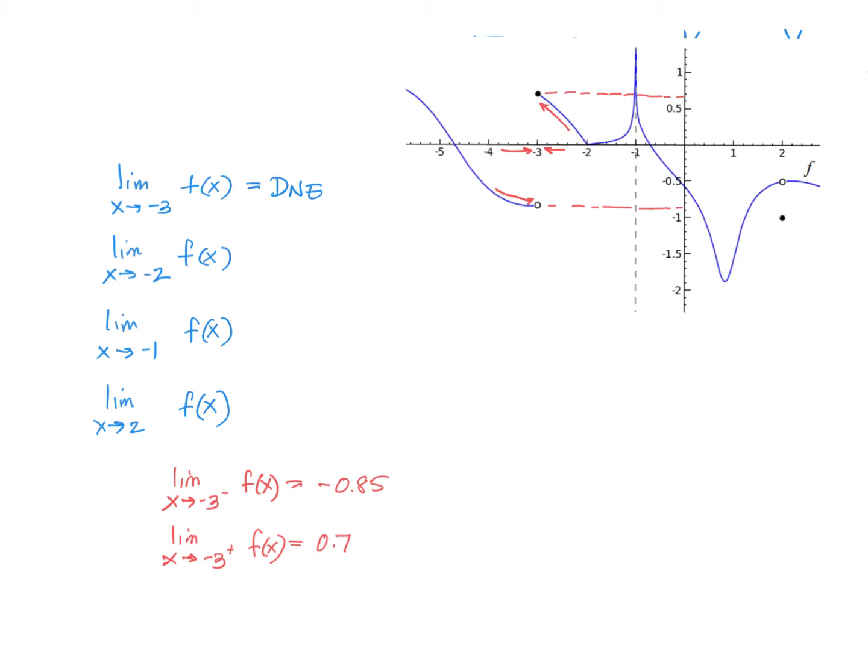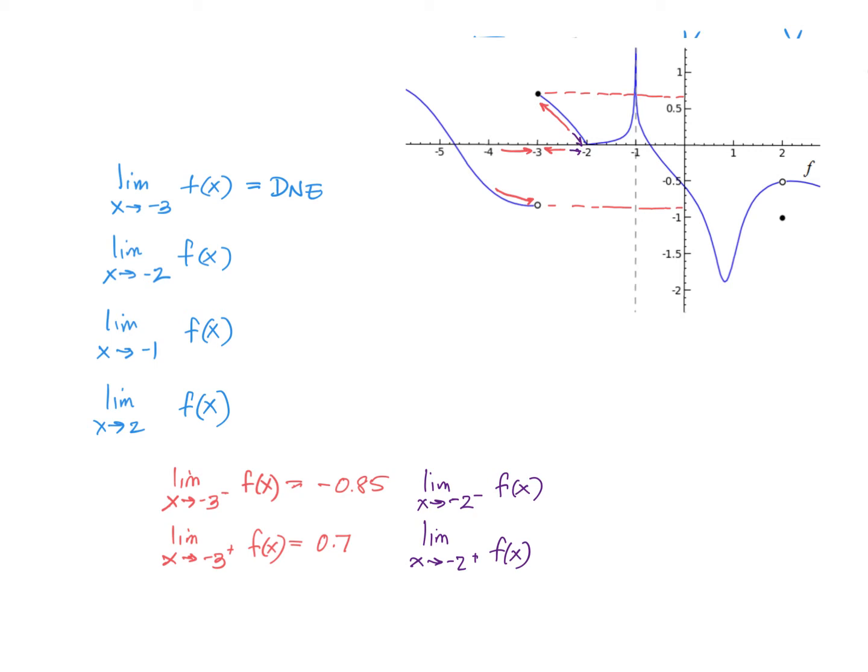All right, let's look at the second example. In the second example, we're looking at the limit as x approaches -2. So again, we want to look at it from the negative side and the positive side. And in this case, as x approaches -2 from the negative side, that corresponds to this portion of the graph.